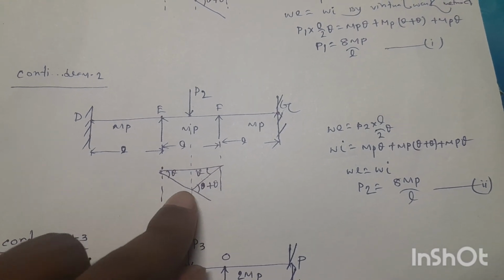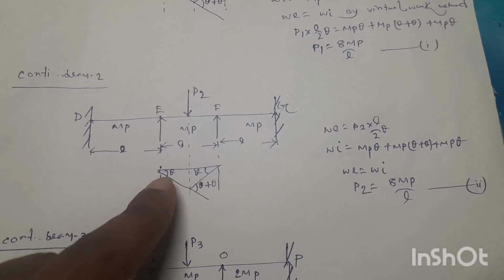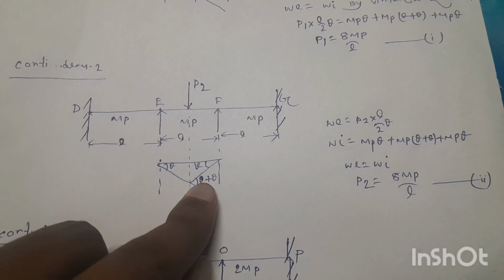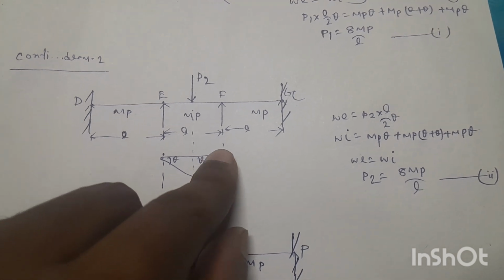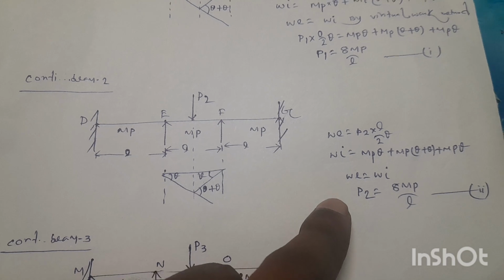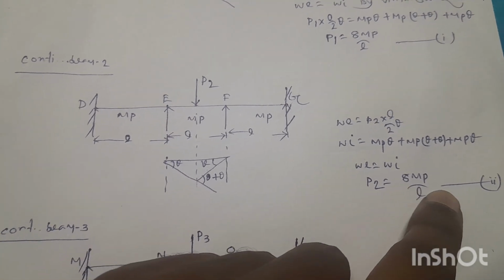This length is L by 2, the middle. Internal work done will be moment into rotation, so MP into theta plus MP into theta plus theta, and here MP into theta. If we equate by the method of virtual work, we will get P2 equal to 8 MP by L.